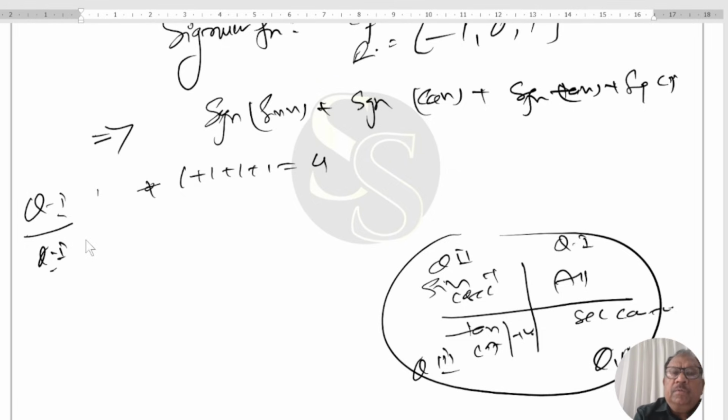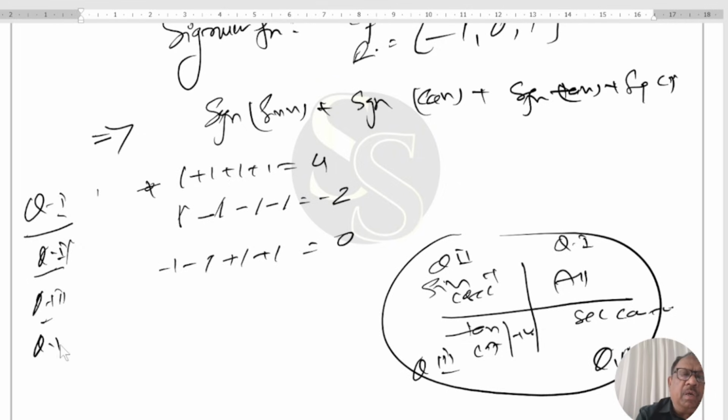And if it is quadrant 2, what will come? Sin positive, and the others negative, negative, negative, so minus 2. In quadrant 3, tan and cot are positive, sin and cos negative, so the sum is 0. And if it is quadrant 4, cos is positive, so the others negative, that is minus 2.